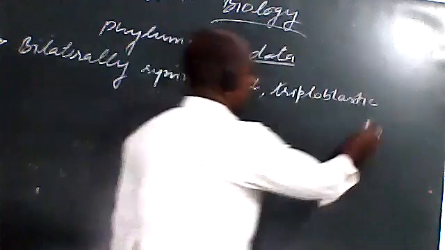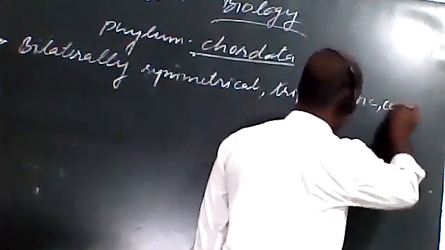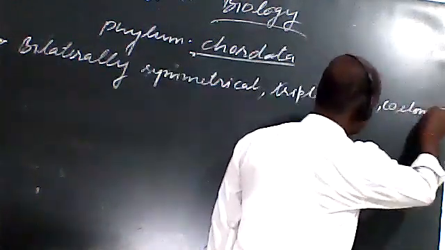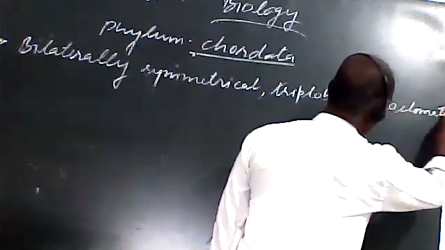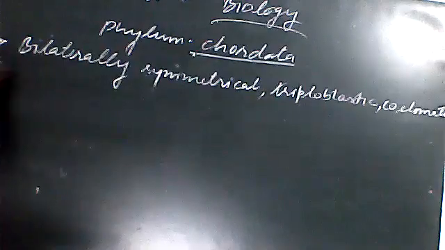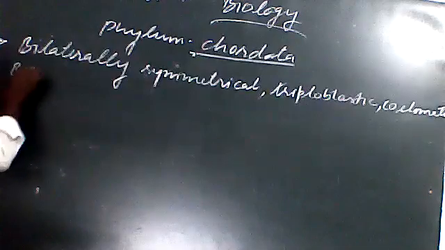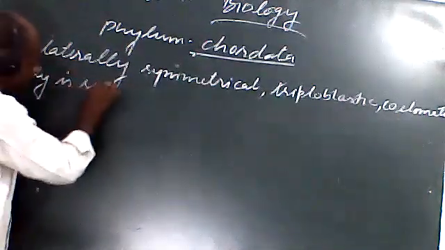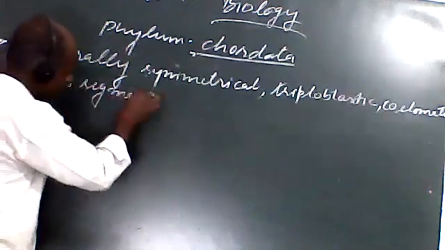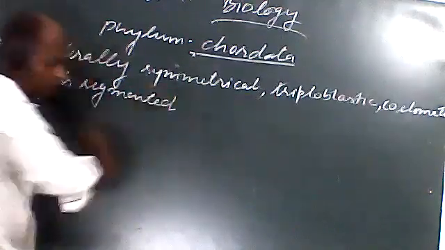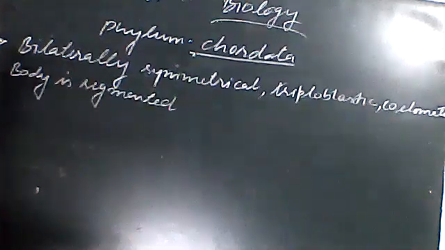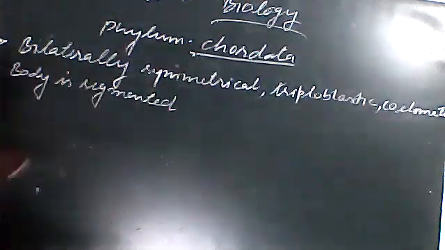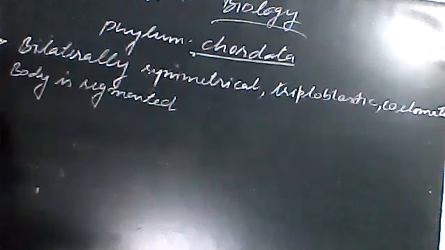Triploblastic. These are coelomate due to presence of a true body cavity, and the body is segmented. These are the common characteristics.